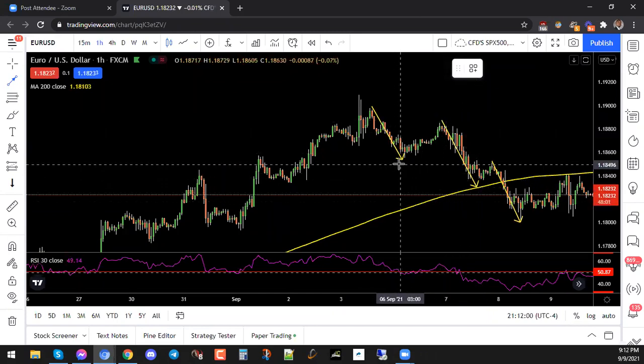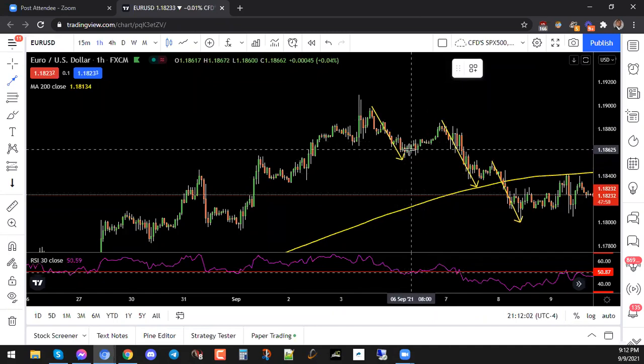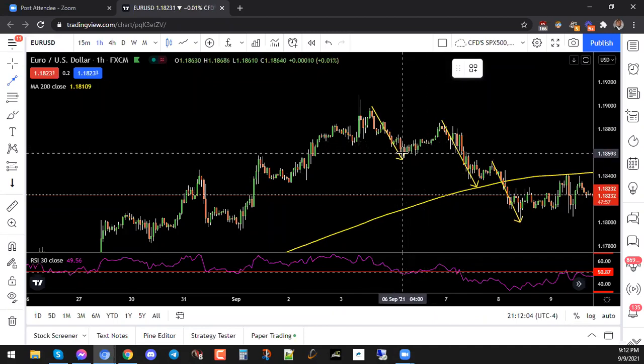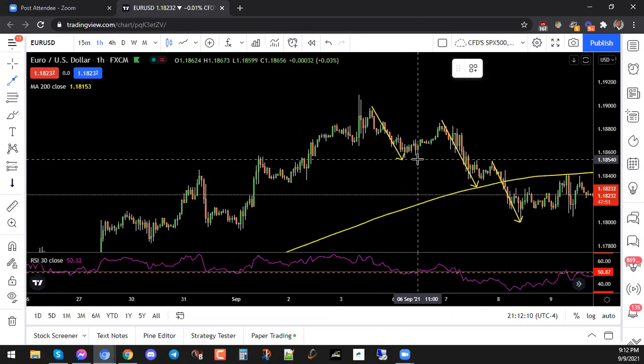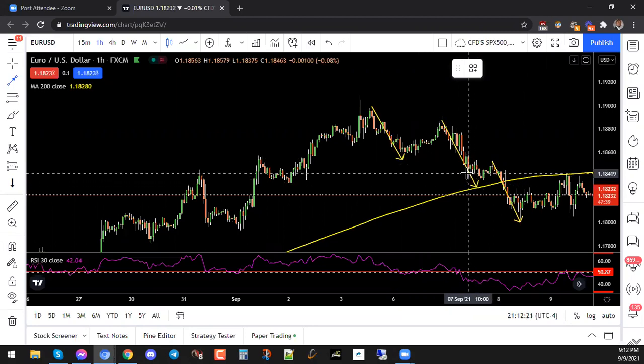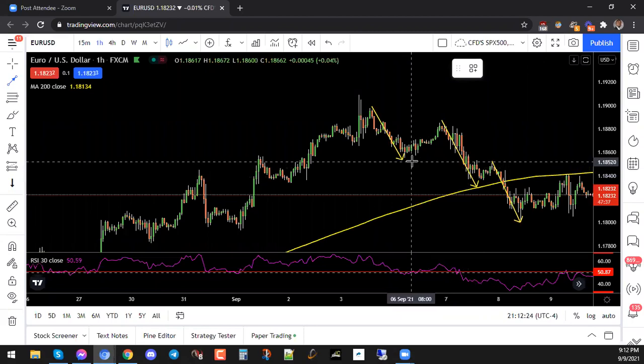So here you can see we're getting a pullback, and if we look at the time, we're looking at starting to look at our pullbacks from around 12 p.m. to around 1 a.m. Okay, Eastern Standard Time. And that would give us an idea of the off session.